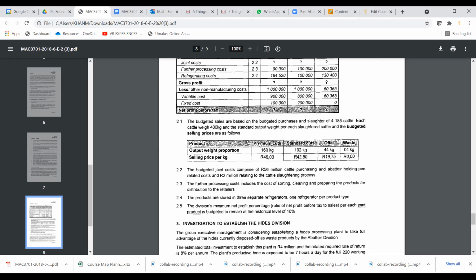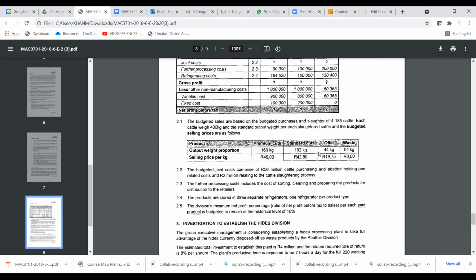Okay, so here we have output weight. Premium cuts is 160 kilograms, standard cut is 192, offal 44, and waste 0.4. When you add this up, it should add up to 400.